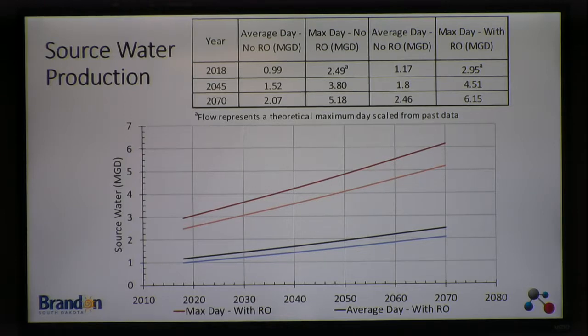If you have RO in your home, that percentage of loss is much greater. It's probably 80 to 90 to 95% water wasted. When we put RO in a municipal system, it's staged so that it's more efficient. Okay? So the reason to estimate that additional demand is if RO is chosen as a treatment alternative, and that is one of the alternatives, you have water available to support that.